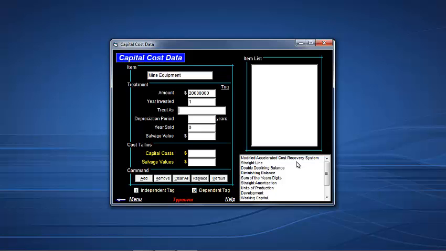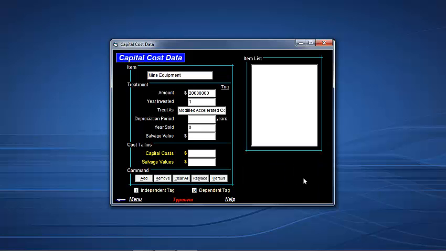We have a variety of tax treatment methods available: Modified Accelerated Cost Recovery System, which is the current preferred method in the U.S., straight line, double declining balance, diminishing balance, sum of years digits, straight amortization. You can see all the methods available. Most of these variations are used worldwide, so the program can be used in a variety of countries. In this case, we'll treat our mine equipment as using a MACRS approach.